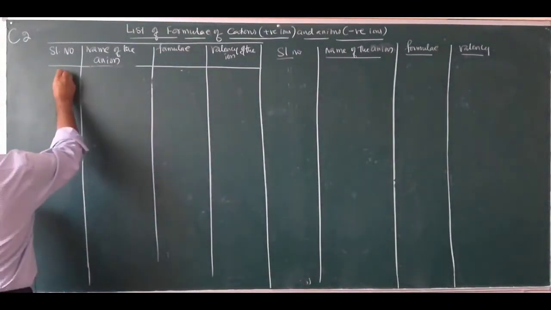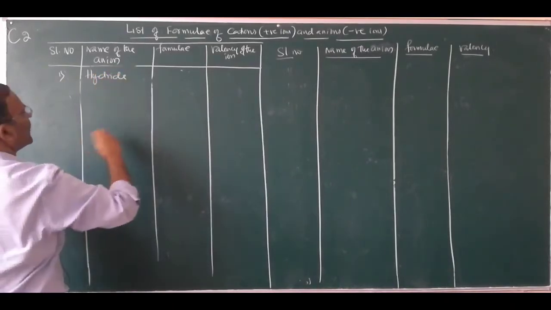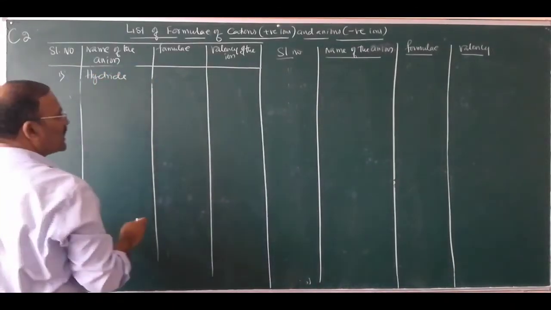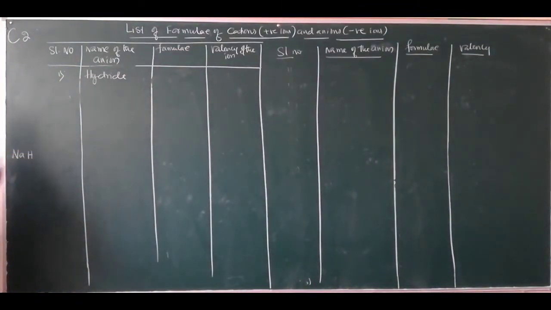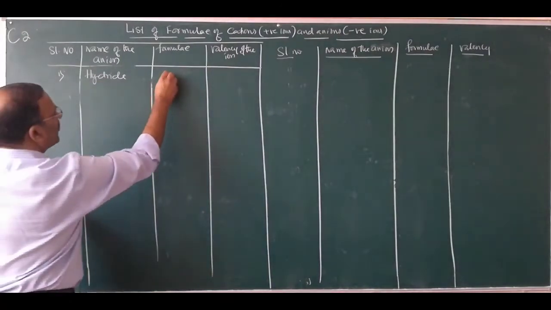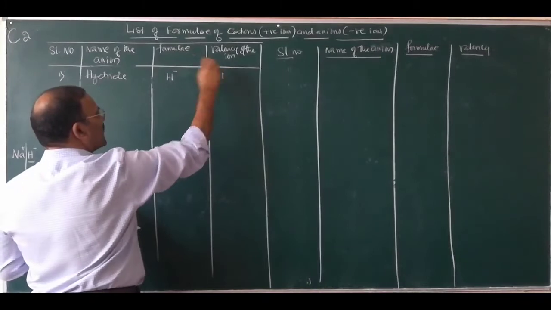First one is hydride. How does this hydride form? Say for example NaH, this is the compound. Here this one is Na+, this one is H-. This is called sodium hydride. So the name of this anion is hydride. What is its formula? H-. What is its valency? -1.